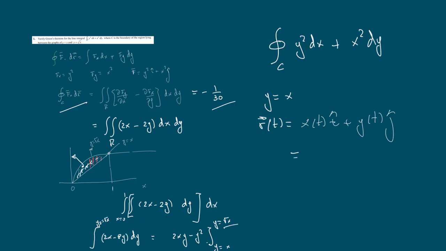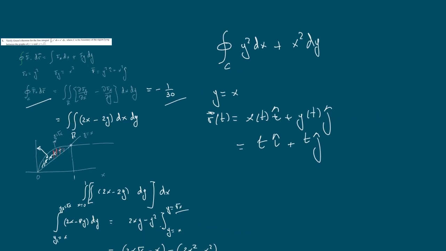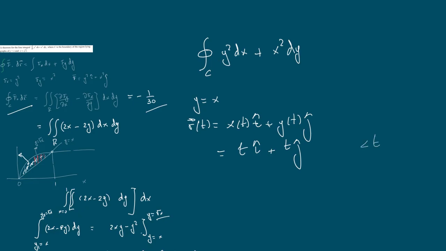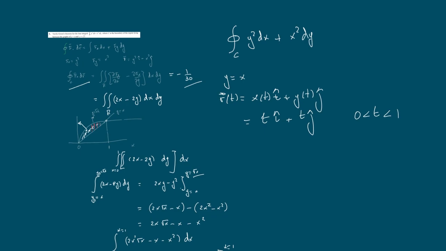So if I choose x of t to be t, t i plus t j, and I leave the parameter t to change between 0 and 1, I have covered the rectilinear line, the portion of the rectilinear line. For example, when t equals 1/2, 1/2 i plus 1/2 j, I'm here, x is 1/2, y is 1/2.